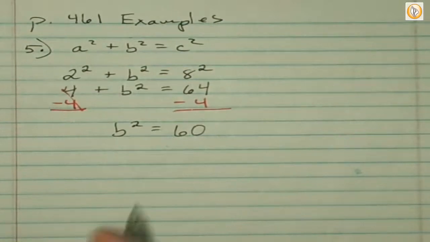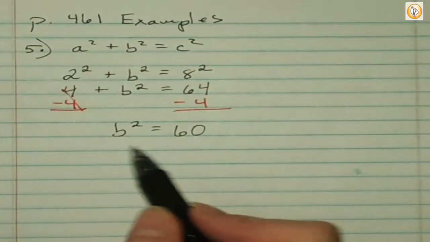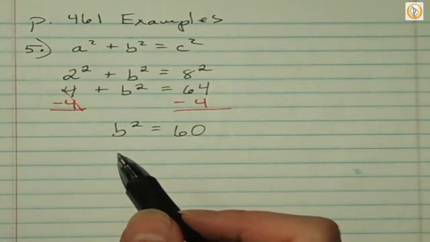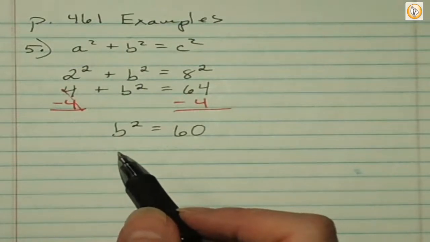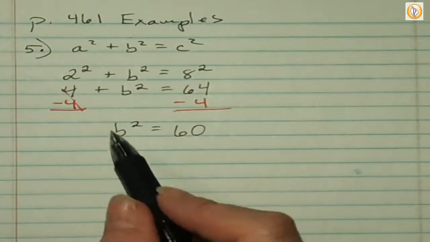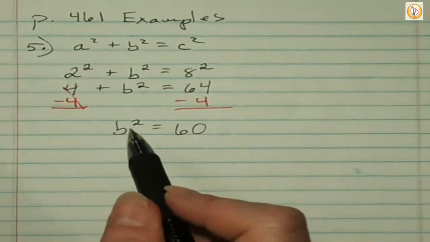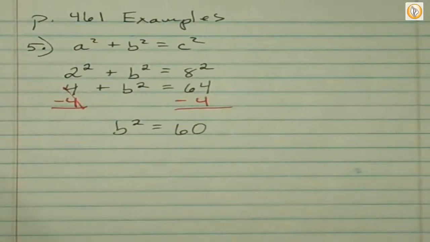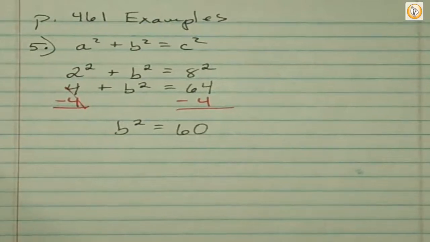Now, what do I need to do to get rid of the B squared? What do I need to do to get rid of this to make it just B? I need to do something to both sides. Can you help her out?